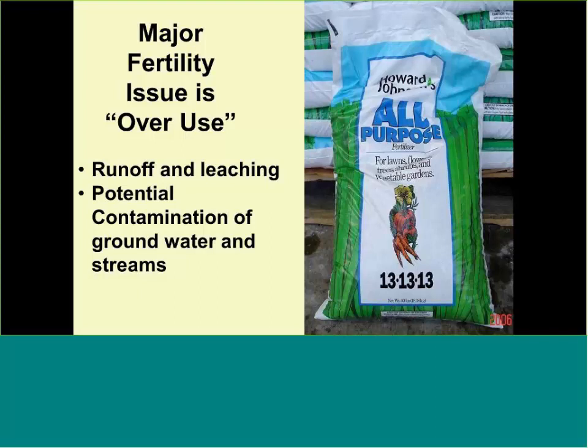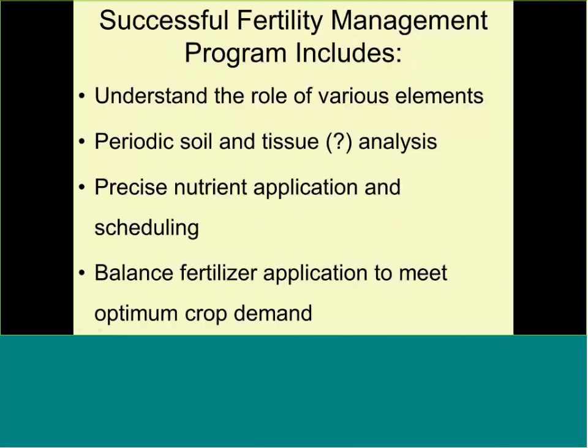The price per pound of N is something like 3 cents compared to $1. So it's cheap, you use it, you may be over applying some of the minerals that you really don't need. Keep this in mind when you're thinking about your fertility.